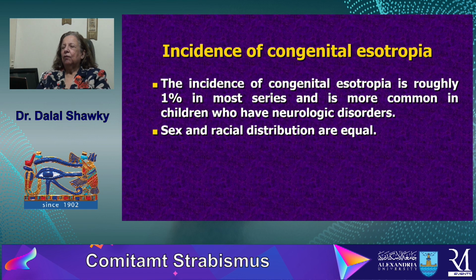The incidence of congenital esotropia is roughly 1% of most series and is more common in children who have neurologic disorders as some of the syndromes and anomalies in the central nervous system. Also, sex and race distribution are equal, no sex predilection.